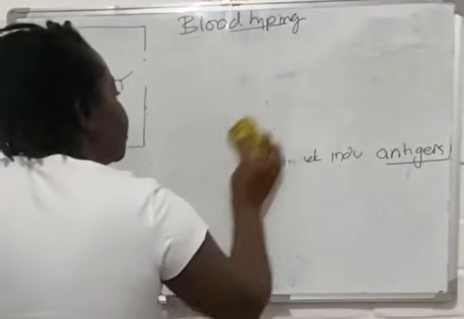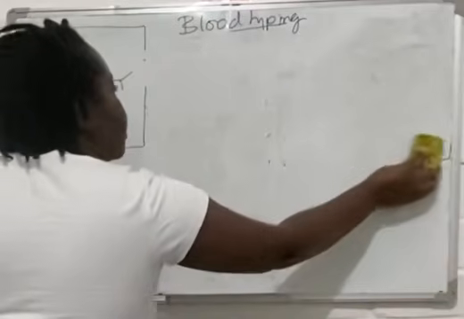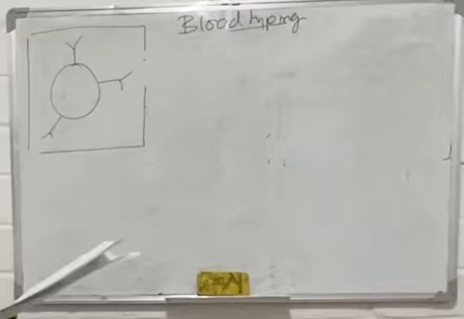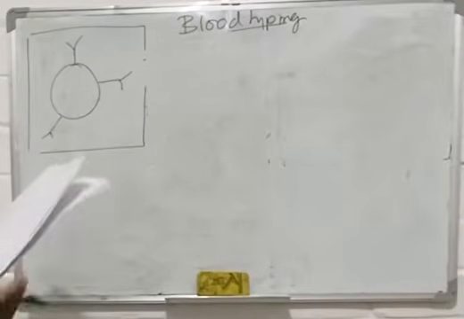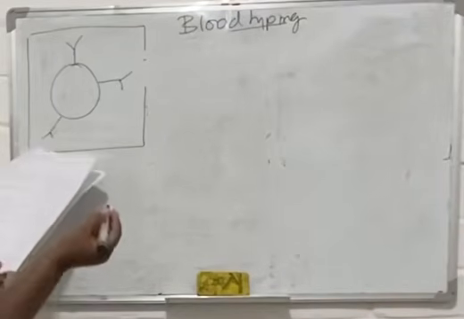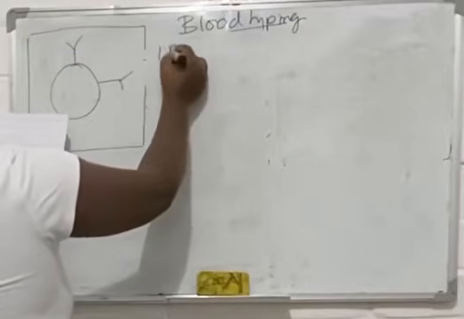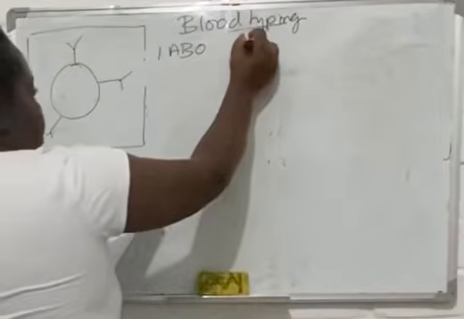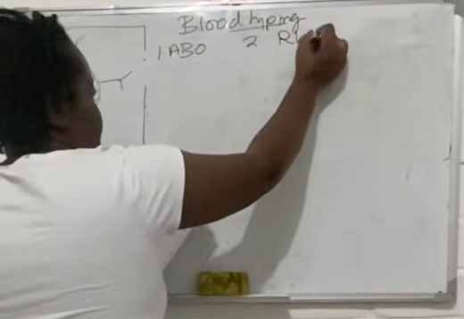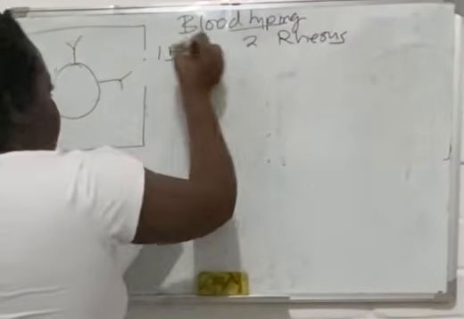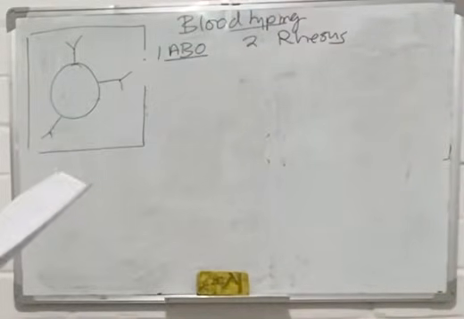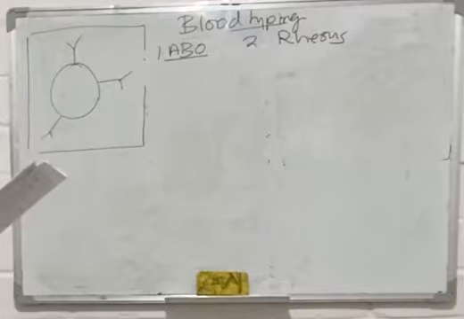Now, let's look at the typical red blood cell characteristic when it comes to blood typing. We have two systems of blood typing, and these systems, one of them is A, B, O, and the other one is the rhesus. We'll start with the A, B, O. Now, the ABO system has 4 types of blood groups.